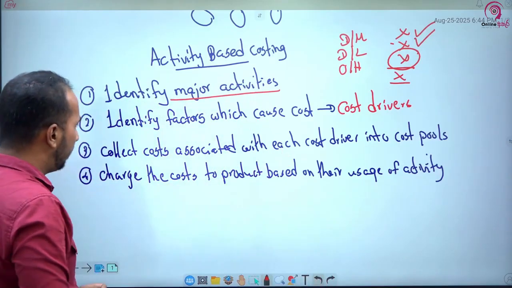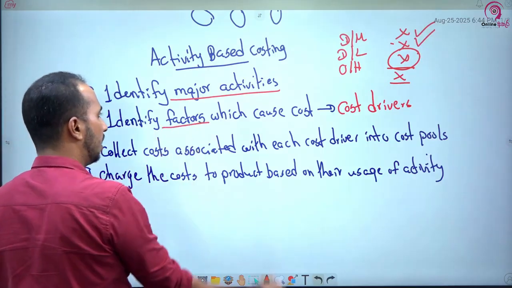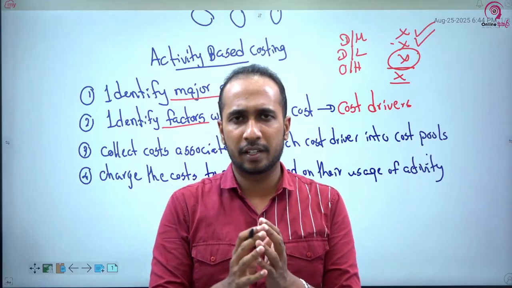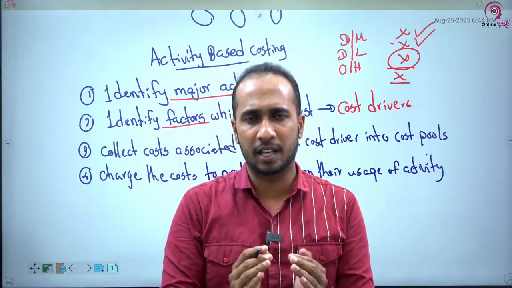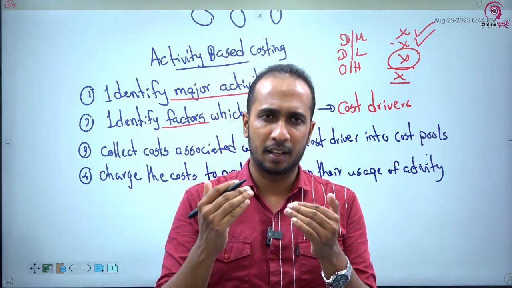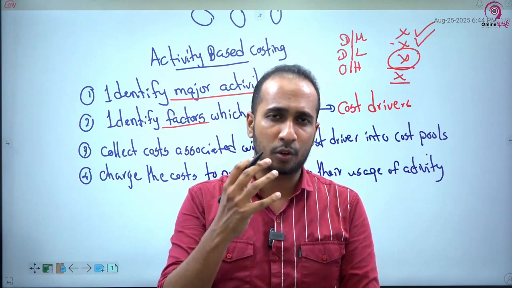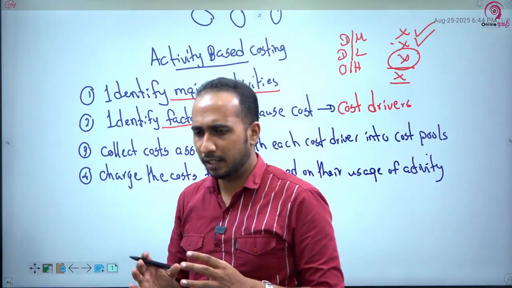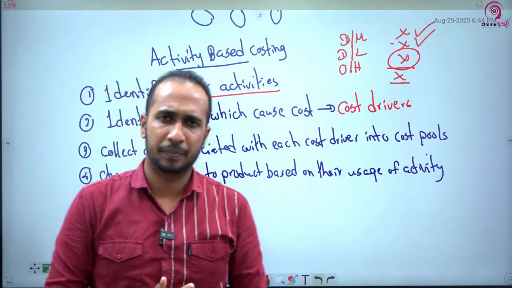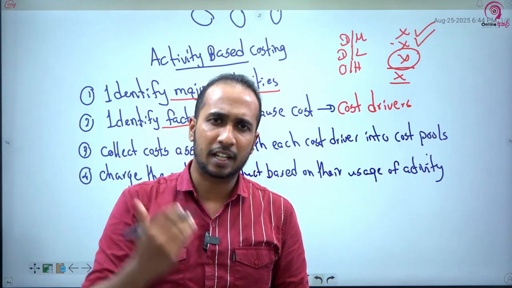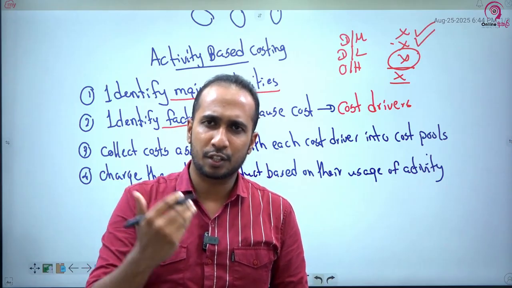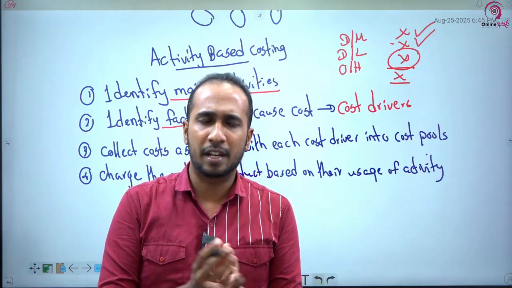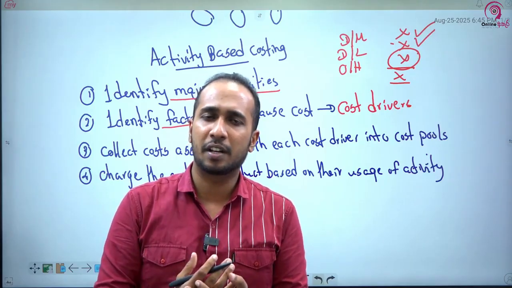The second step is we have to identify the factors which cause the cost. Now, when you take an activity, within that activity there are various factors, and we have to look at the factors that cause this cost. As an example, take the purchasing of material; that is the activity. But during this activity, what is the main factor that creates cost?